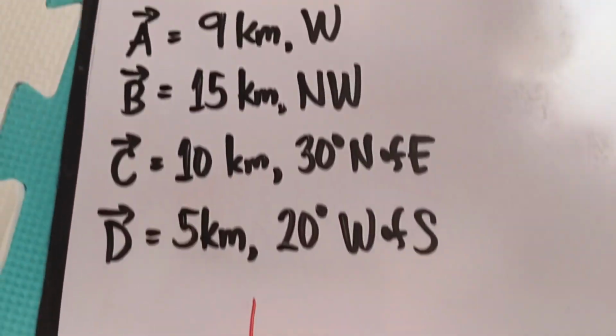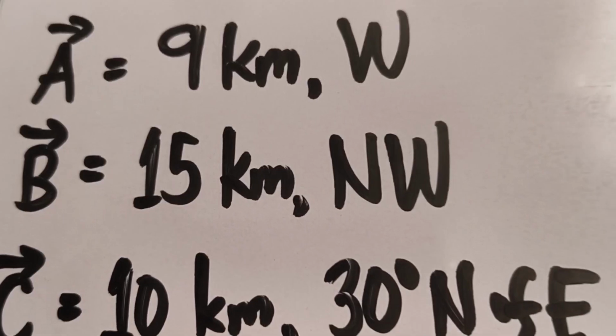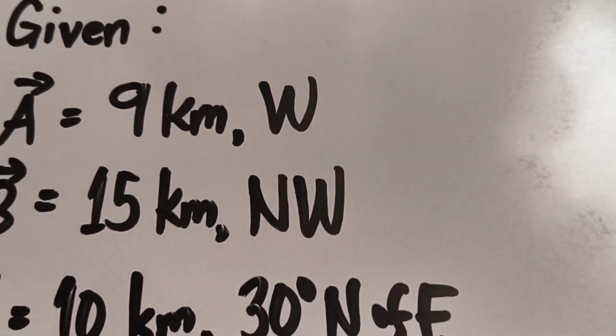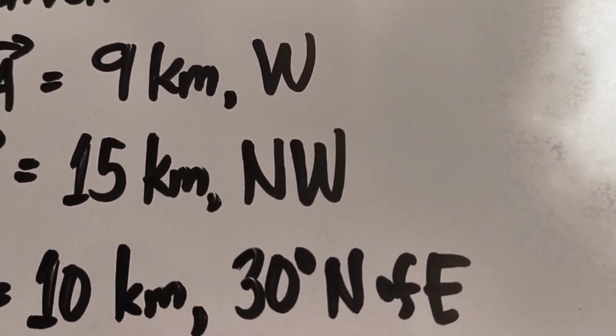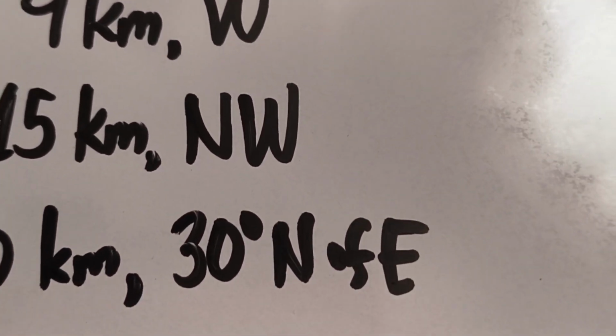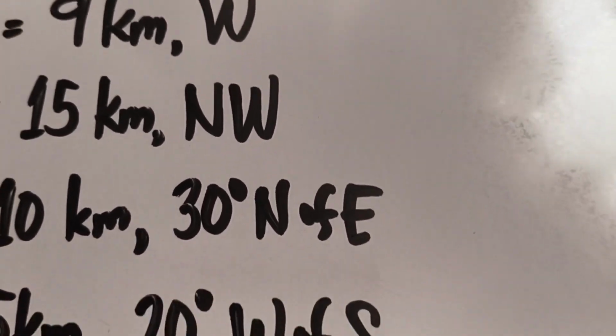Alright. Next, our vector B is 15 kilometers northwest. So nakita ninyo yung direction niya ay northwest, walang nakalagay na off. Ibig sabihin, 'di ba, yung tinuro ko sa inyo last time, kapag ganyan, the angle is exactly 45 degrees. So ibig sabihin nasa pinakagitna siya ng dalawang main directions na north and west. Okay?